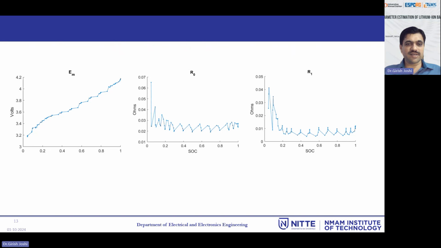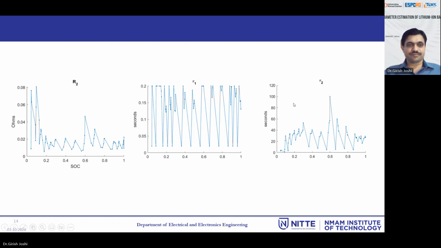The second figure shows the variation of internal resistance R0 with SOC. The third figure shows the variation of the first branch resistance R1 with the SOC. Here, the figures shown are the variation of R2 with SOC, variation of tau 1 with SOC, and variation of tau 2 with SOC.